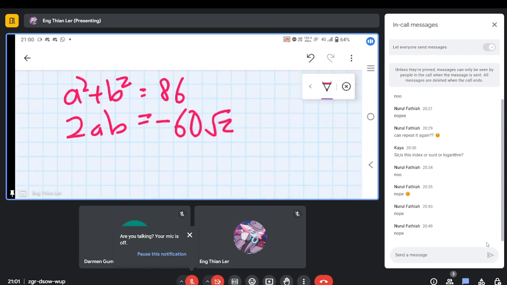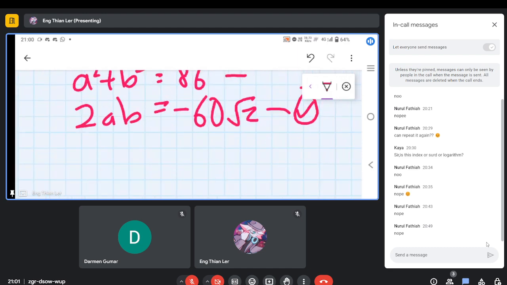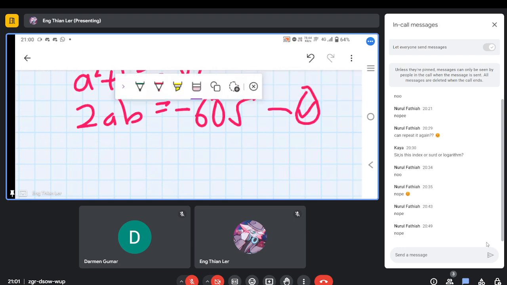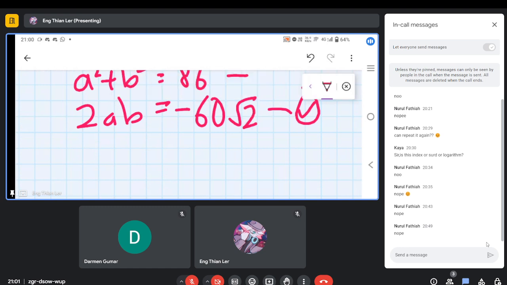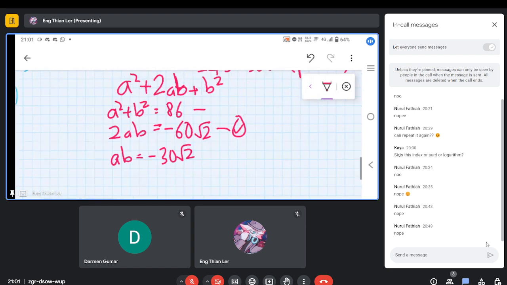Alright, so we look at this. We don't look at this first. We look at this. So now we have 2ab equal to negative 60 root 2. What we do first is divide both sides by 2, of course. So ab equals negative 30 root 2.